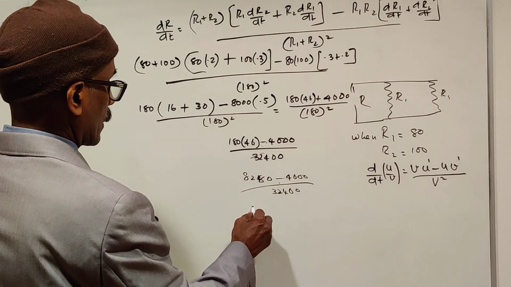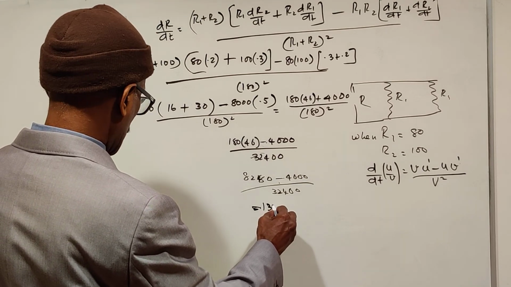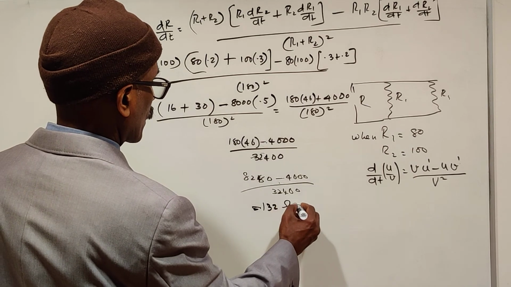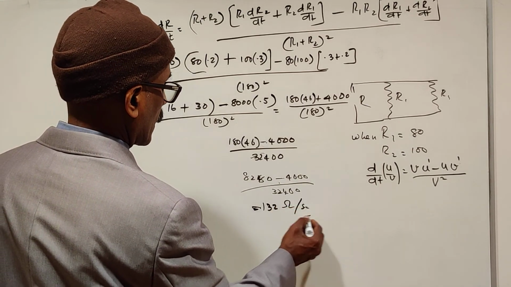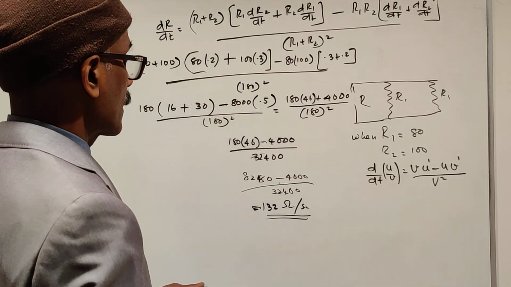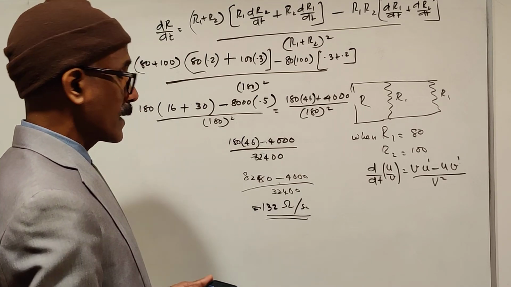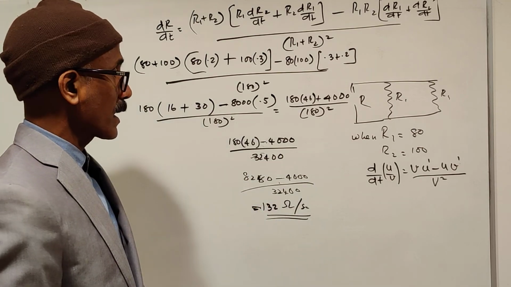Yeah, this is the answer, 0.132 ohms per second. That is the rate of change of the resultant resistance, 0.132 ohms per second.